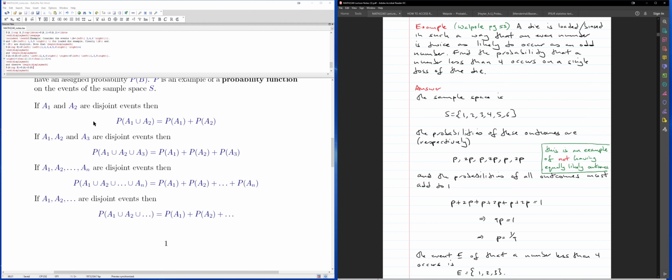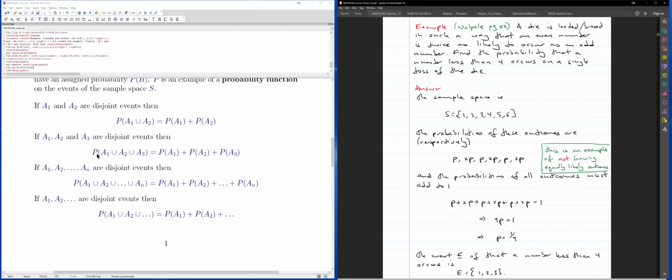So that's an example of the first case. If I have two disjoint events, the probability of the union of the events is equal to the sum of the probabilities. Likewise, if I have three disjoint events, disjoint means A1 intersect A2 is empty, A2 intersect A3 is empty, and A1 intersect A3 is also empty.